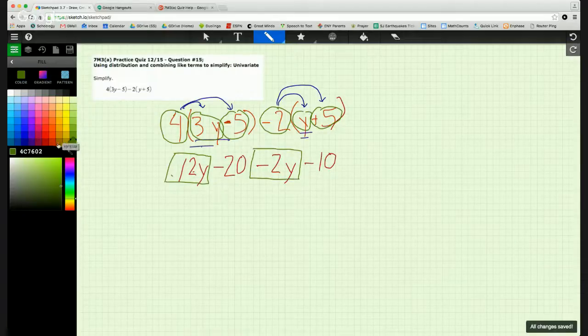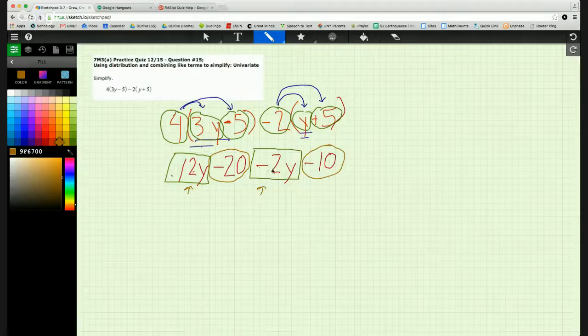I'm going to use brown, and circle our constants. And now we can combine our like terms. We have 12y and negative 2y.